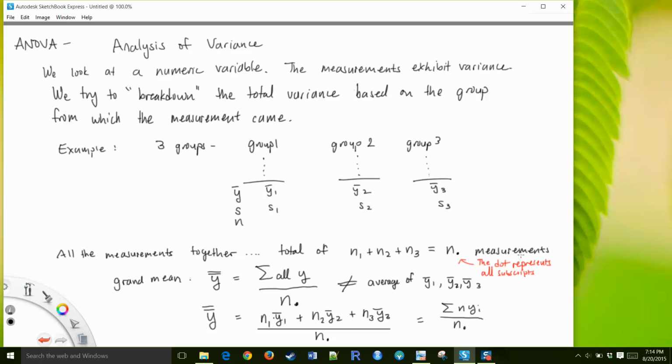Okay, so let's get back to this concept of analysis of variance, and let me use an example from our textbook.